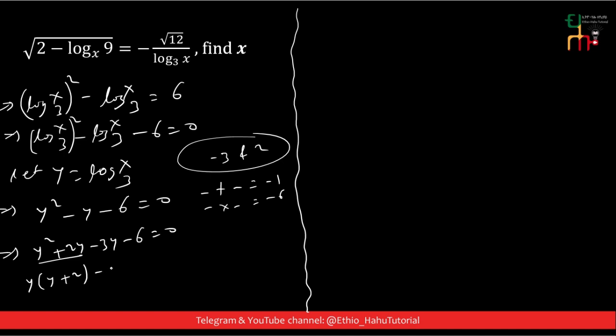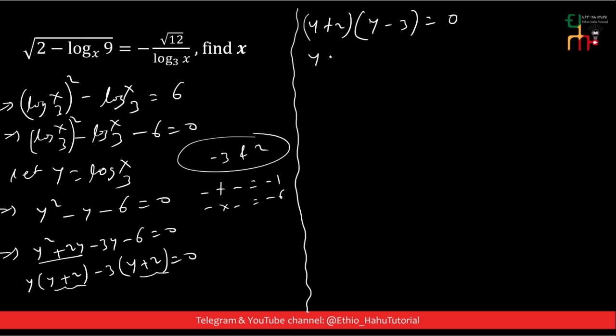Here minus 3 is common: minus 3 times y plus 2. Again, y plus 2 is a common factor, so y plus 2 into y minus 3 is equal to 0.